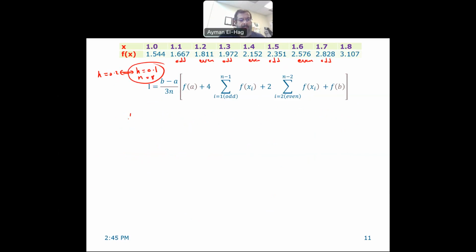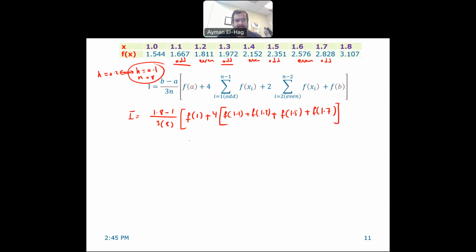So your I is equal to b minus a, 1.8 minus 1, divided by 3 times n, which is 8, times f of 1 plus 4 times the odd numbers, which is f of 1.1 plus f of 1.3 plus f of 1.5 plus f of 1.7. So we will have 4 numbers here.